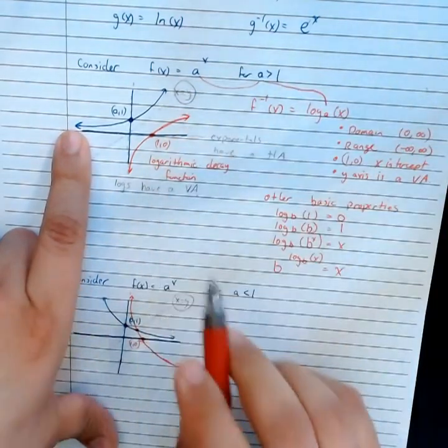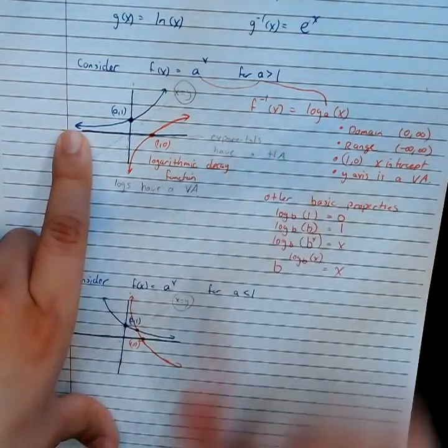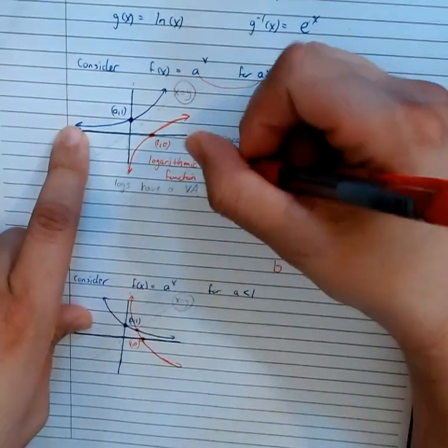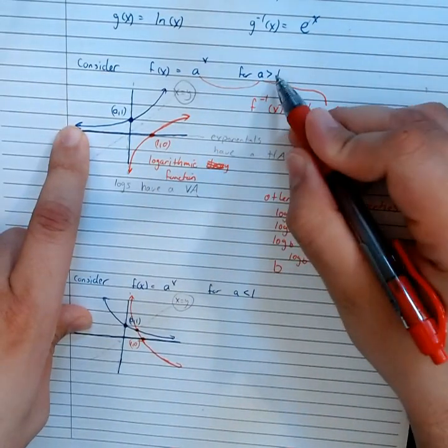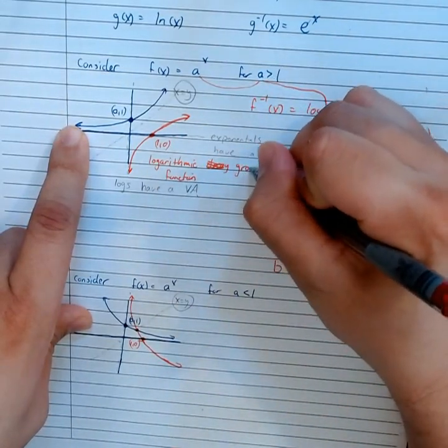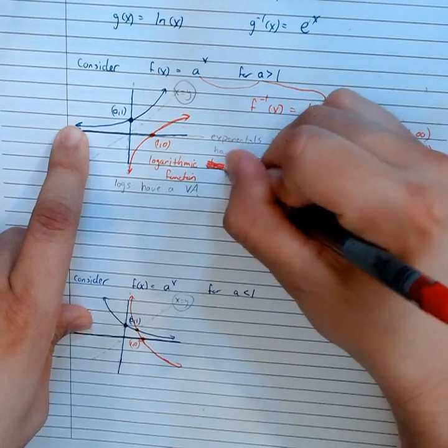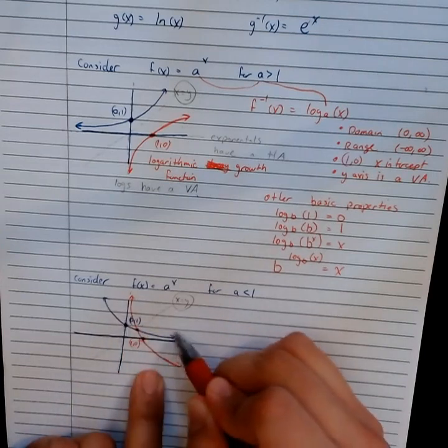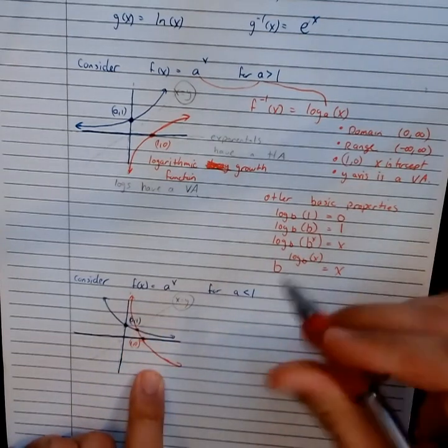Or rather, a logarithmic decay function. There's going to be others depending on what your base is. Oh, my apologies. This should be logarithmic growth, because after all, a is greater than 1. This will be logarithmic decay. a is less than 1. Our exponential function decays, and so does our logarithmic function.